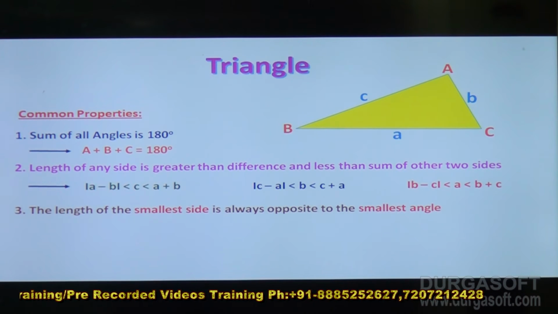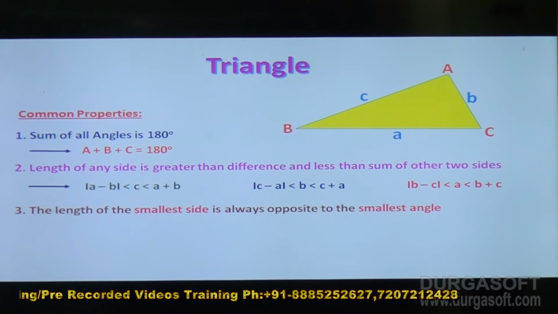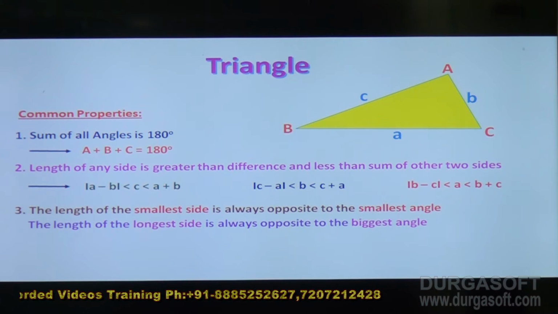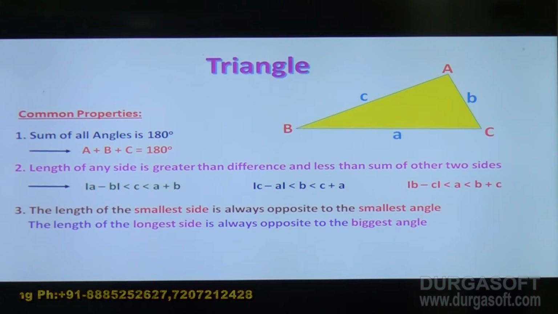We have to consider this point: the smallest side is always opposite to the smallest angle, and the longest side is always opposite to the biggest angle. If you consider this diagram, you will get the conclusion for these two points.